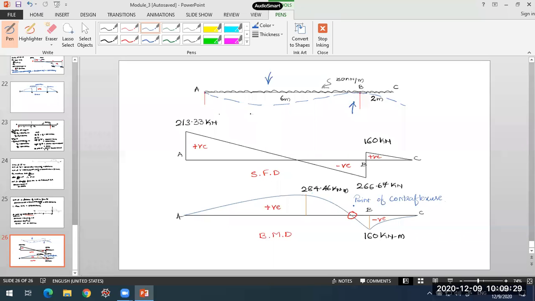Point of contraflexure is here. This is the point of contraflexure. So maximum hogging moment, if you ask me, it is 160 kilonewton meter. And maximum sagging moment is 284.46 kilonewton meter.